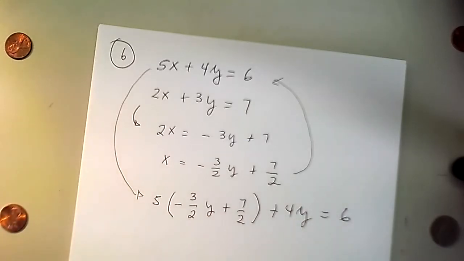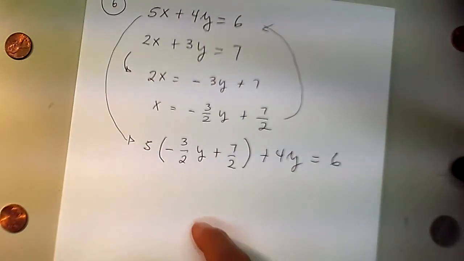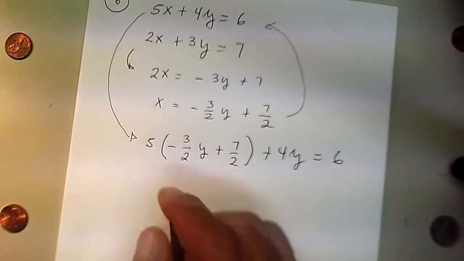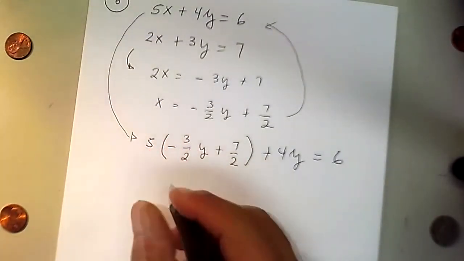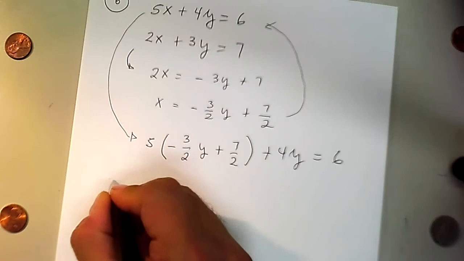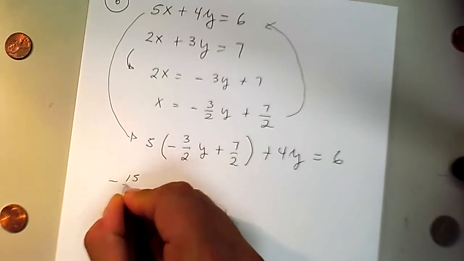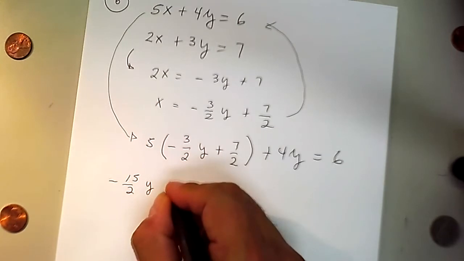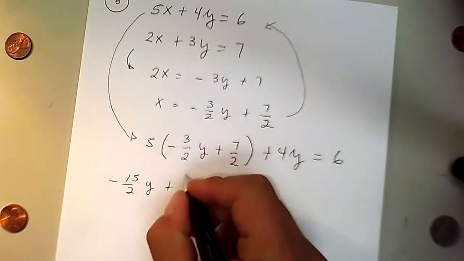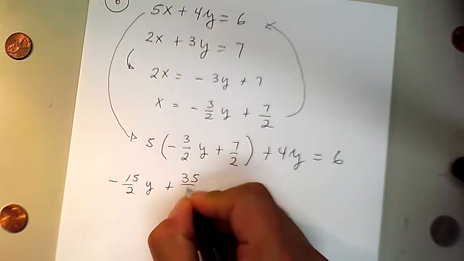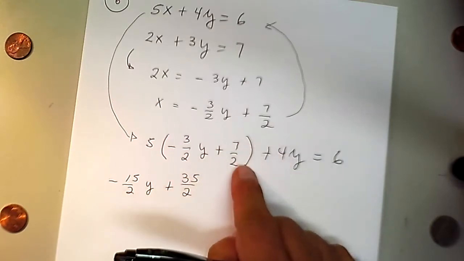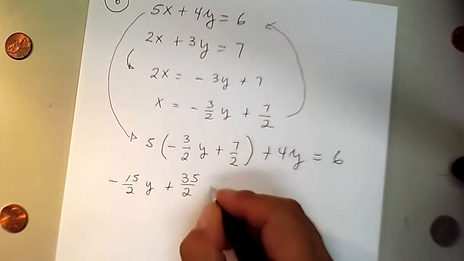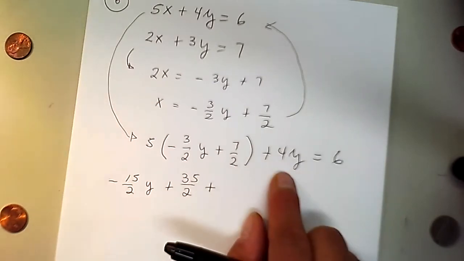Sorting this out is going to be a task. So multiply by 5, we get negative 15 over 2 y, 5 times 3, plus 35 over 2. Okay, plus, now I'm going to think ahead.